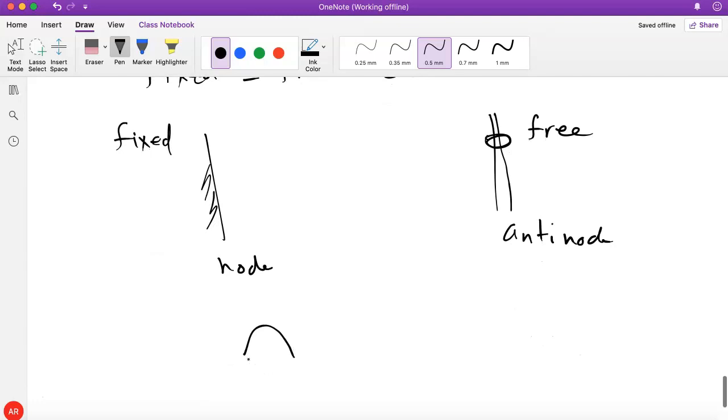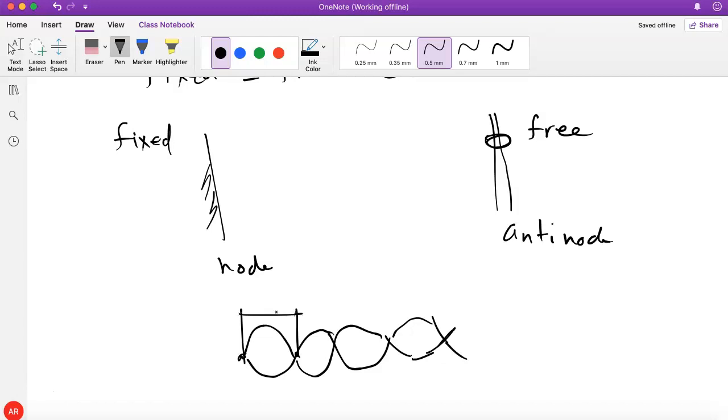So if you again think about the general pattern of these standing waves, the distance between nodes is lambda over 2, and the distance between a node and an antinode is lambda over 4. So how can we get a situation where on one end, let's say on the left here, we have a node, on the other side we have an antinode?